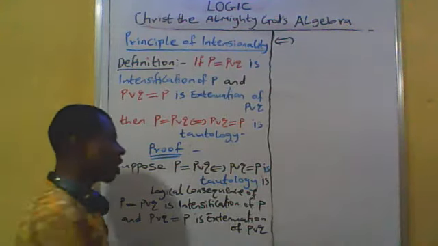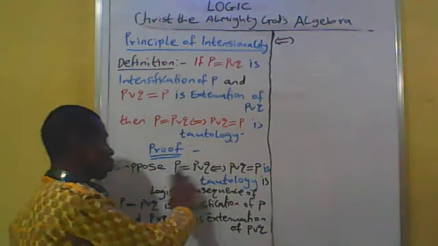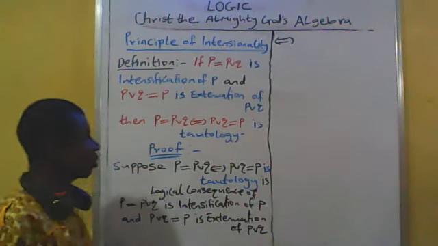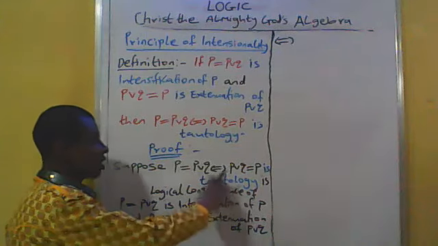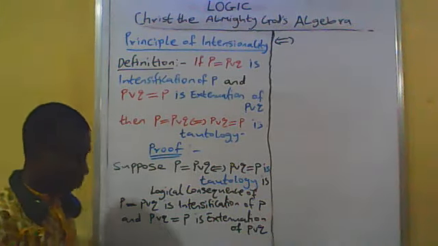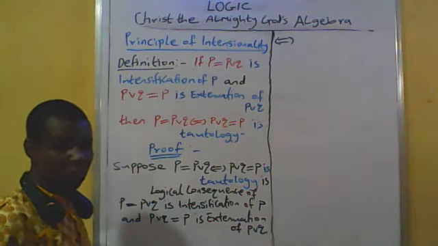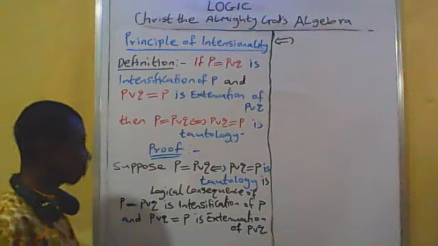In the same vein, whenever the right equivalent is false, the left equivalent is also false. You say that it is logical equivalent. So whenever I evaluate it, it will give us tautology. That is always true. There's no possibility of getting falsity if you evaluate the statement.